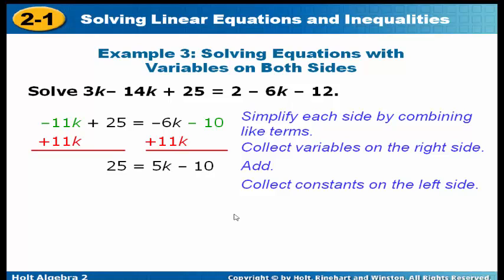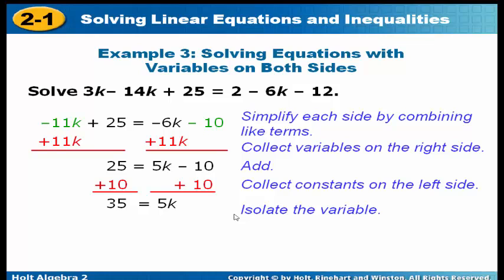Collect constants on the left side. So 25 plus 10 equals 35. So 35 equals 5k. Now we can divide both sides by 5. So k equals 7.